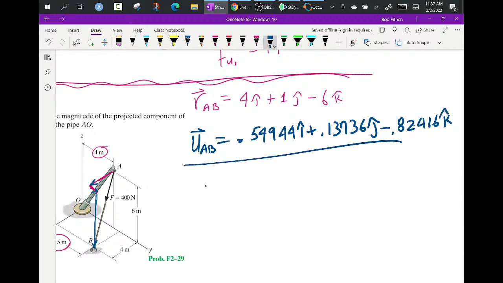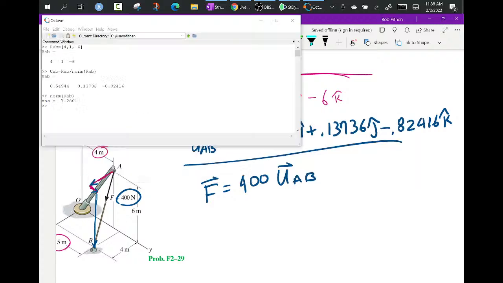Now, if I want to know the force, it's 400, the magnitude, times the unit vector. That'll give its direction. So if I want to go back here, now I can say the force is equal to 400 times UAB.